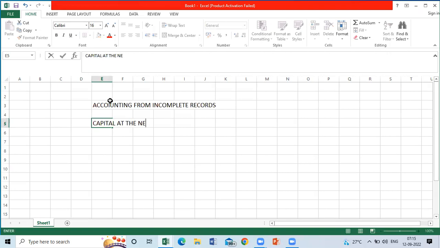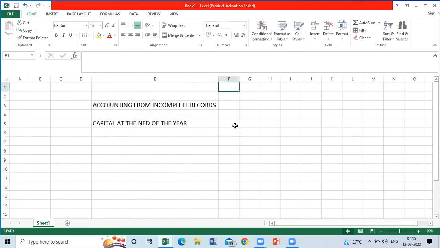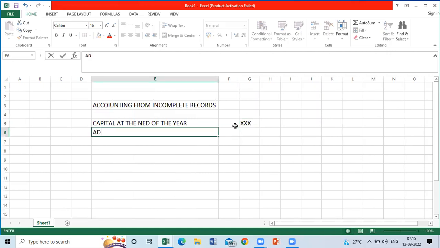We take the capital at the end of the year. In that particular capital, we add back a few things. For example, we add back drawings during the year.